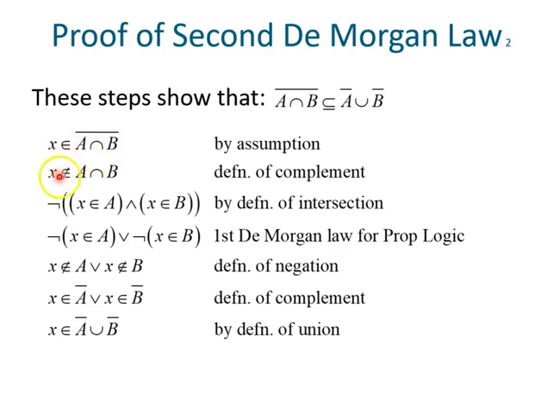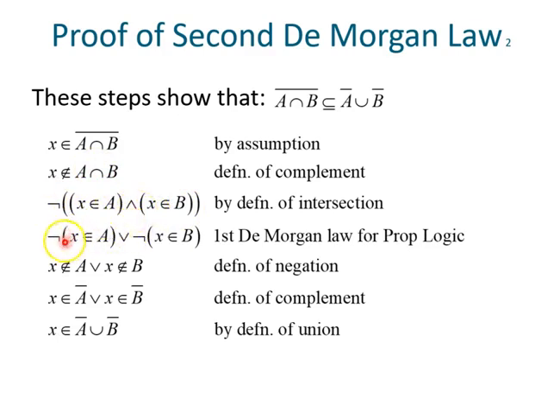This means that x does not belong to the intersection of A and B by the definition of complement. This means that the negation of "x belongs to A and x belongs to B" is true, because the intersection of A and B is defined this way.